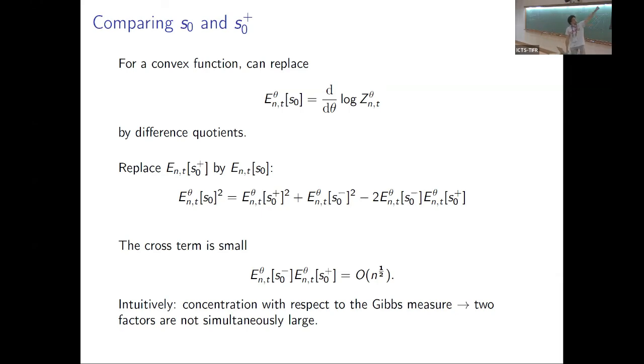Okay, so the problem, however, is that we have SCO plus. We don't have SCO. So we need to deal with the error, and that will be one of the difficult things. Here I'm actually using something geometric. If I write SCO as the positive part plus the negative part plus a cross term, it turns out that the cross term is small, and the reason is concentration with respect to the Gibbs measure.